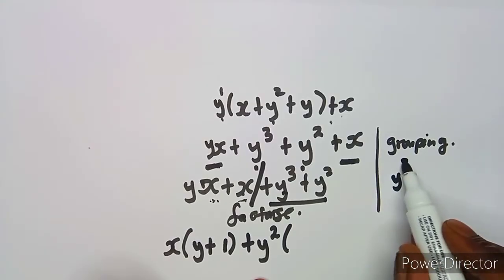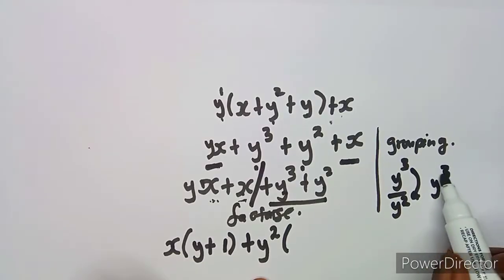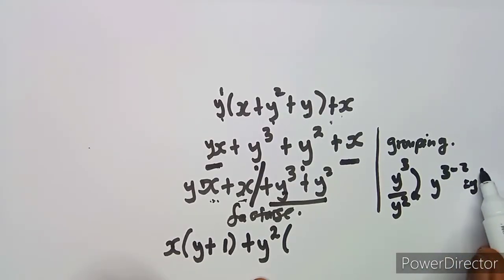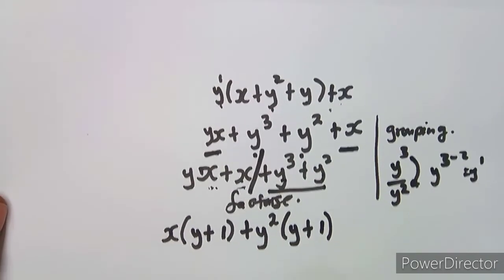As you can see, the bases are the same. You subtract the exponents, so it's 3 minus 2, which is 1, which is same as y, plus y squared divided by y squared. So as you can see, these are the same, so they can cancel to give us a plus 1.